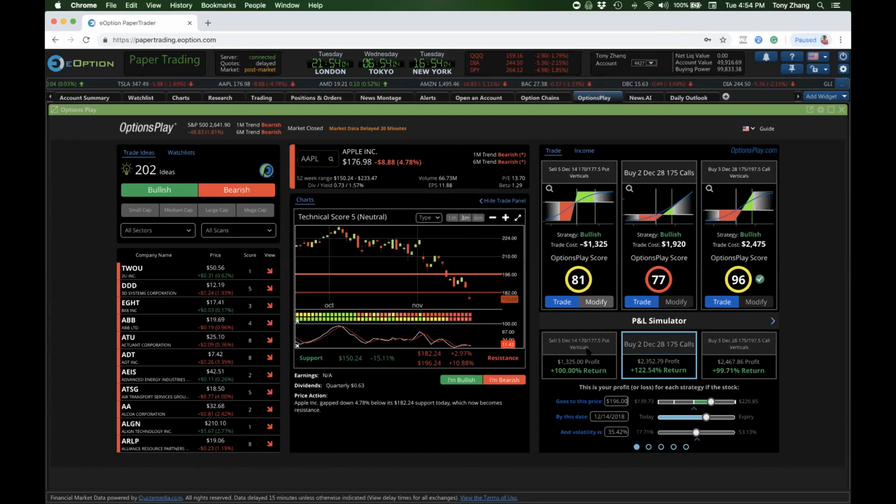So $1,000 more on the call option than the credit spread, and the debit spread gives you a $2,400 profit. So if I think the stock's going to bounce up to 196 by December 14th, I'm probably going to trade this debit spread. And conversely, if the stock goes any further, you can see the difference between the strategies.